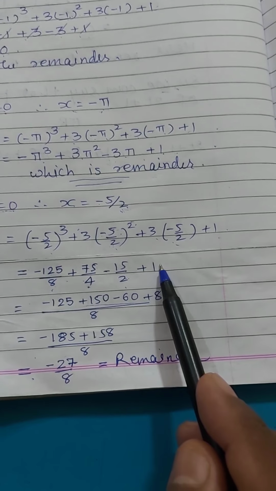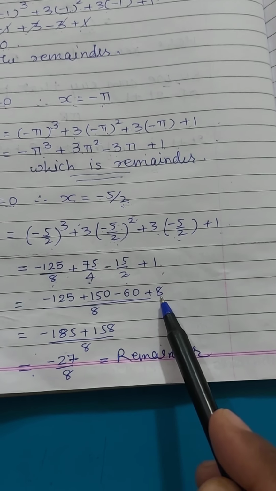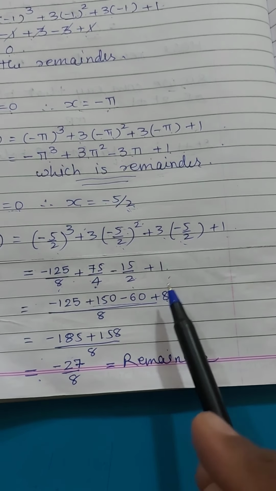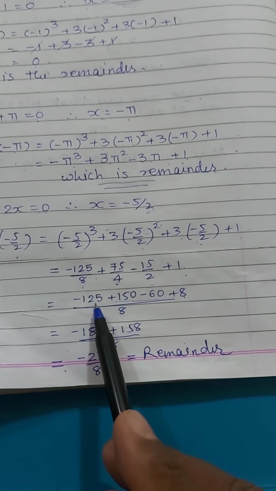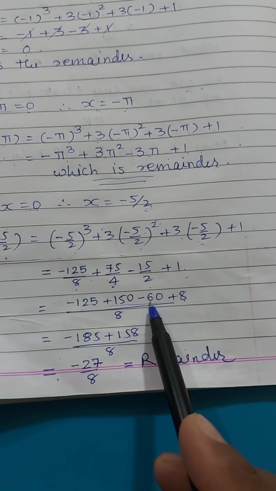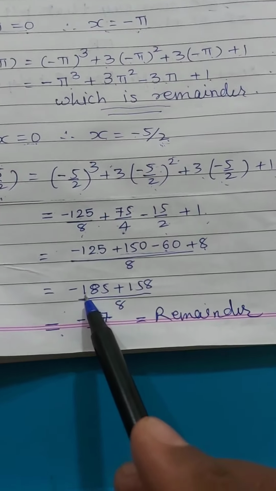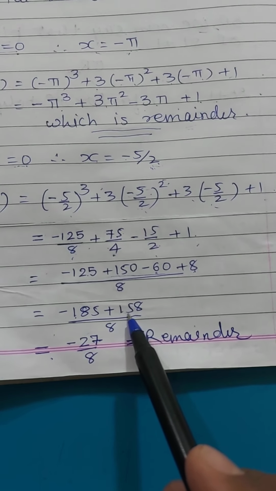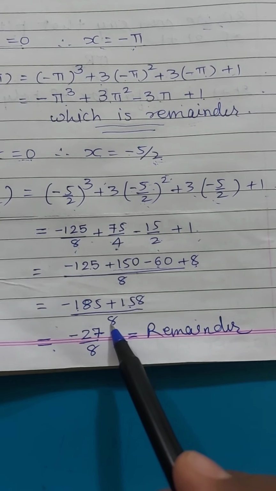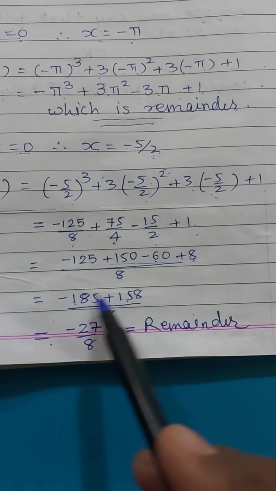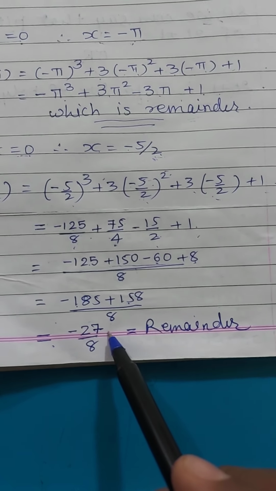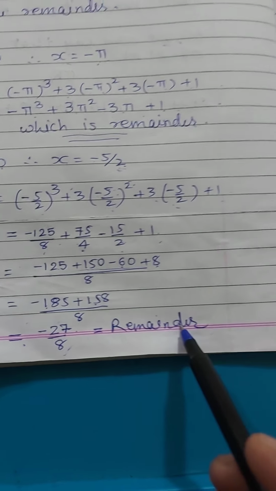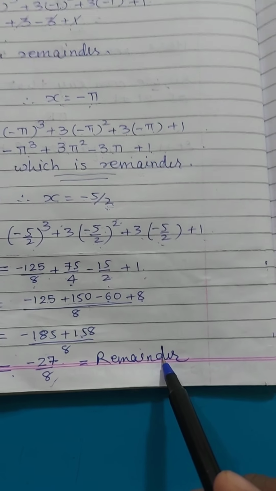Plus 1 8s are 8, that is 8. Right? Okay. Minus 125 and minus 60 becomes minus 185. Plus 150 and plus 8 becomes plus 158. Denominator is 8. When we solve this, we will have minus 27 by 8, which is the remainder. Right?